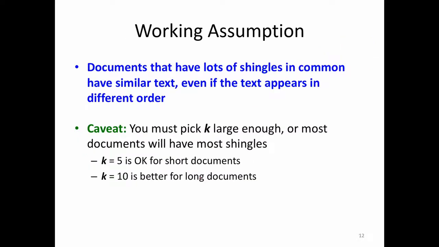The assumption here is that documents that have lots of shingles in common are similar or have similar text, even if the text appears in different order. So order is somehow implicitly captured.